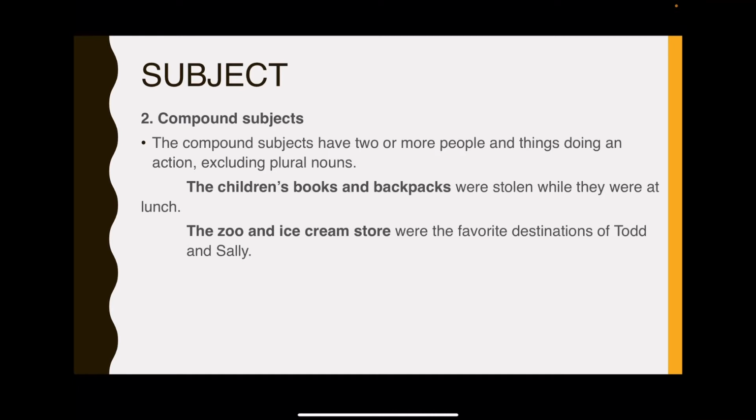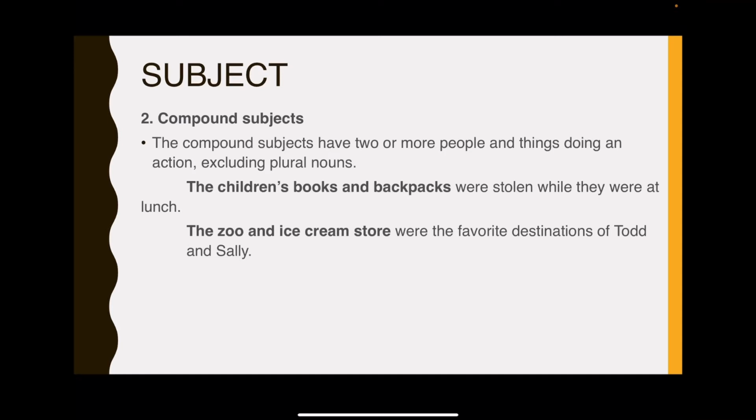It means that if we have the word boys, the boys, that will be a simple subject. But if we have boys and girls, that's going to be a compound subject, because we have two groups of subject.